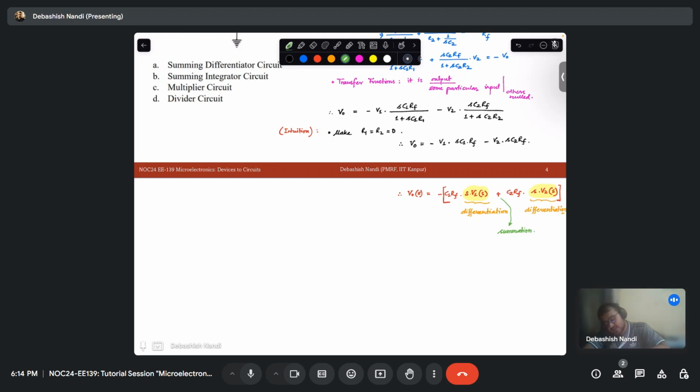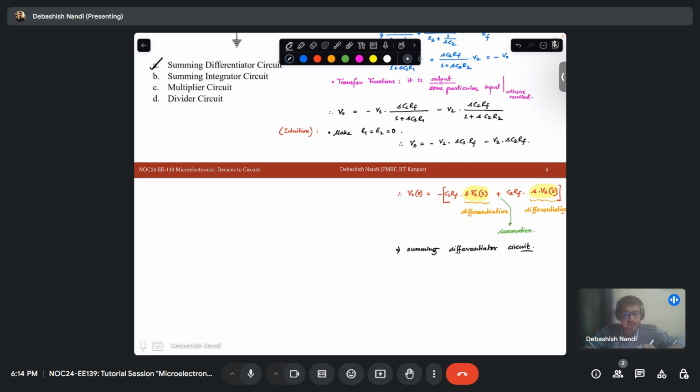This represents a summing differentiator circuit. Okay, so this is the right answer. So that is the brutal way or the hard way to solve the problem.